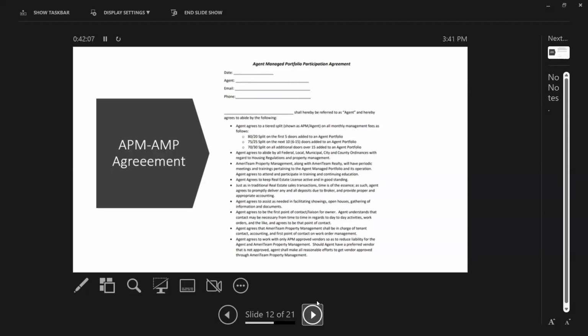For the first 5 tenants, doors, landlords that you bring on board, we refer to them as doors. So for the first 5 properties, doors that you bring on, you'll get a 20% share of the monthly management agreement. Let's just use, for example, we get a house rented, you bring them on, it's $1,800 a month.